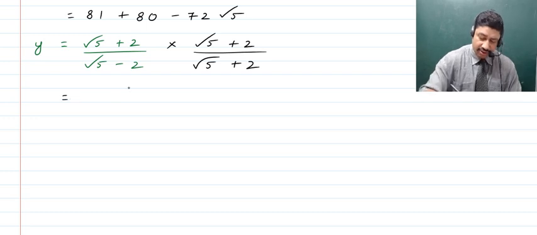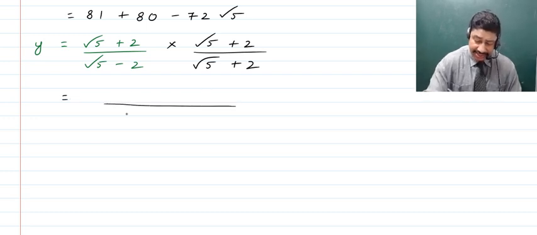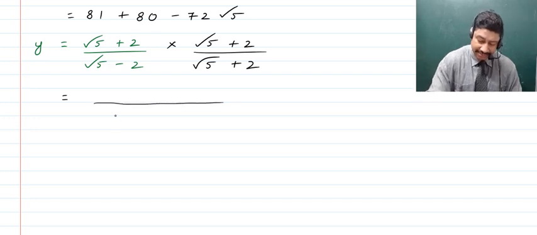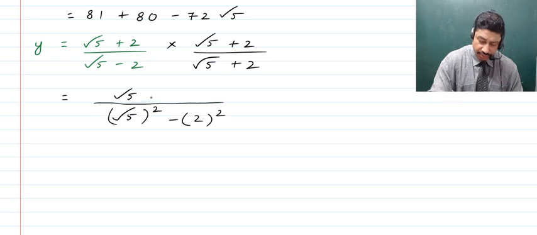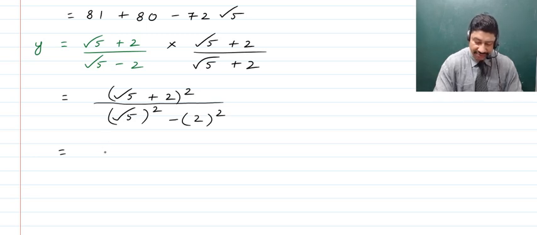Now children, here further we will draw an advantage out of this, that is we will now have in the denominator something like a plus b times a minus b. As such, this is going to become equal to root 5 square minus 2 square, and the numerator will become root 5 plus 2 whole square. So the numerator will become root 5 square, which is 5, plus 2 square, which is 4, plus the 2ab term, that is 2 into 2 is 4 into root 5.